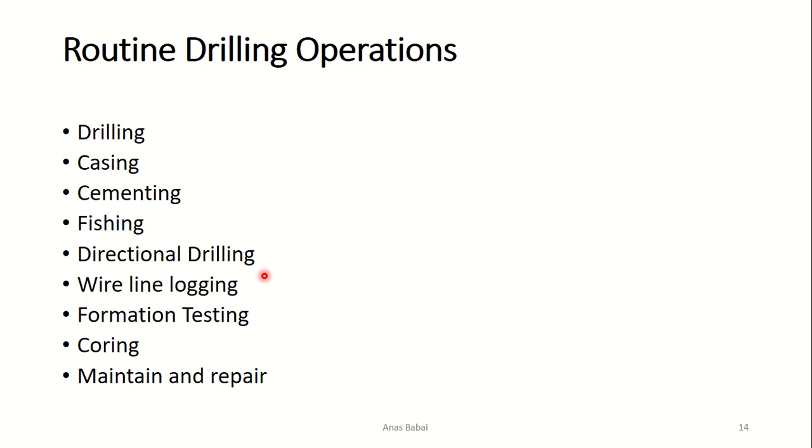Because casing is made of metal, and metal can suffer from certain alteration, the chemicals going through the borehole can alter the metal casing, and for example corrosion can take place. So continuous maintenance, observation and repair of the borehole after it has been put in production is very important and critical.